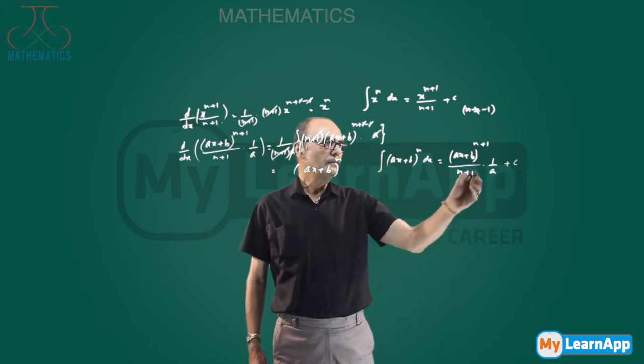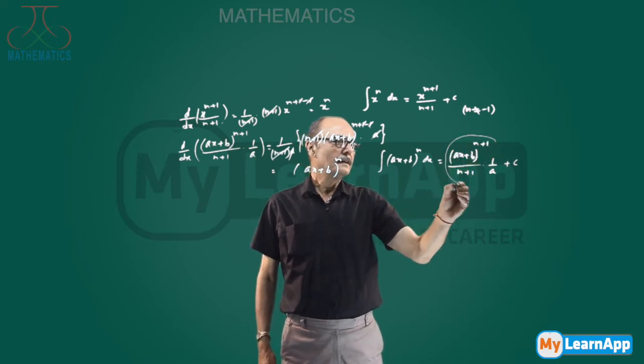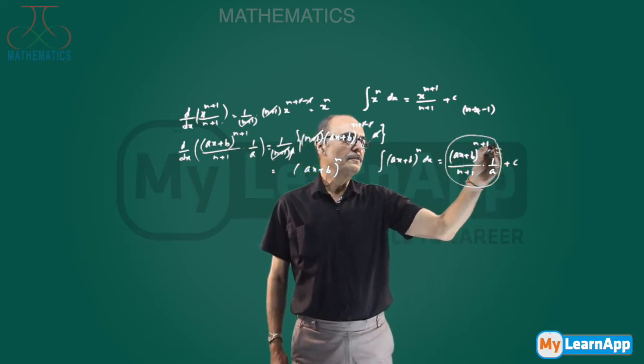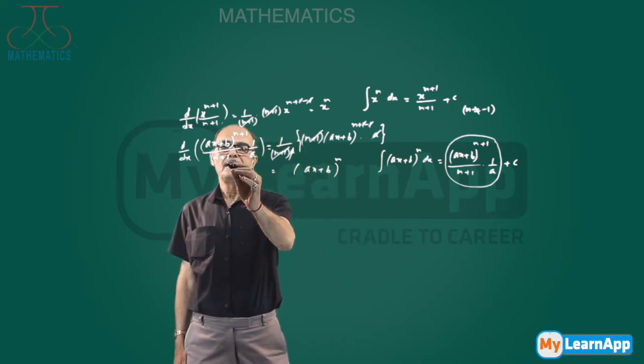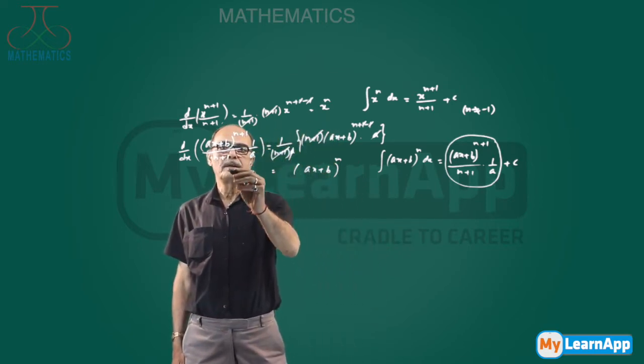If we observe, this quantity was obtained by differentiating ax plus b raised to power n plus 1 upon n plus 1 into 1 by a.